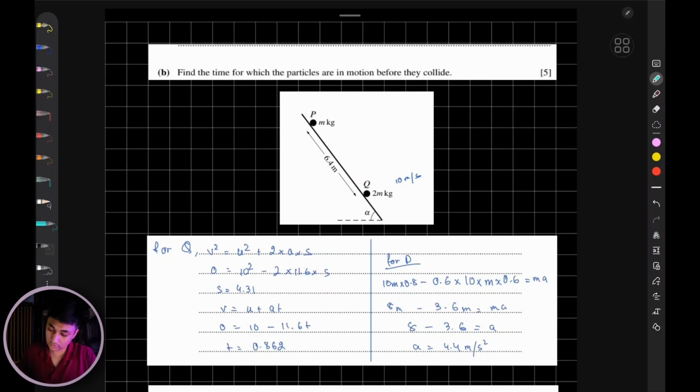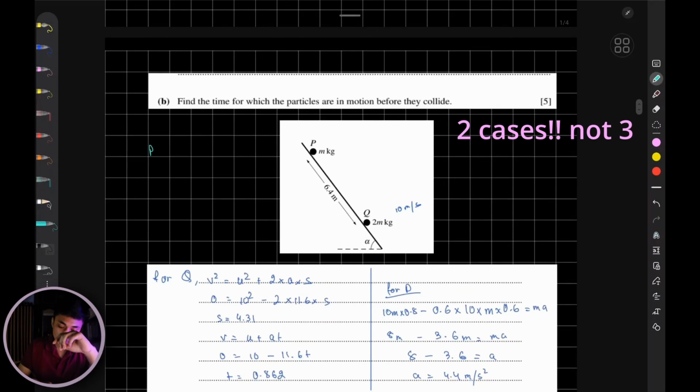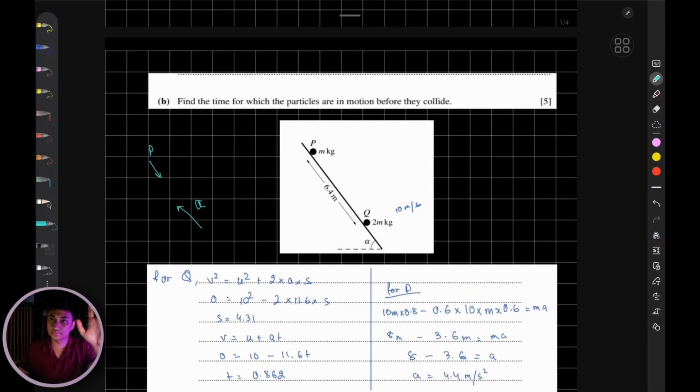Now, when you're going to answer this question, you're going to consider 3 cases that can happen. First, P falls down, Q moves up, and they meet.